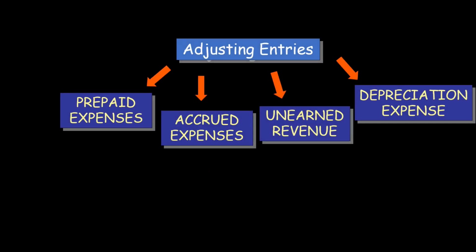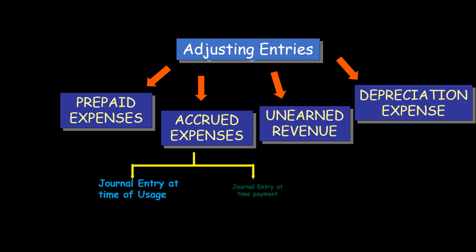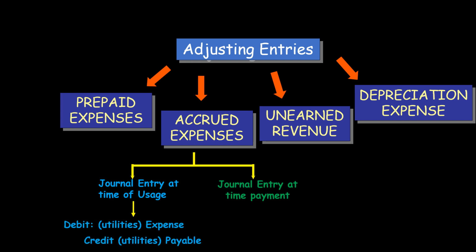All right, so that was accrued expenses. Just to give you a summary, an accrued expense is an expense that is incurred in one period but paid for in another period. So used in one period but paid for in another period. So at the time of usage, we are going to debit an expense, and whatever service is used, use that name, such as utilities expense, and credit a payable, but remember to add the name of the expense or the name of the service that is used.